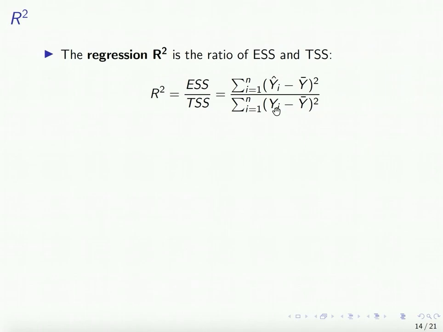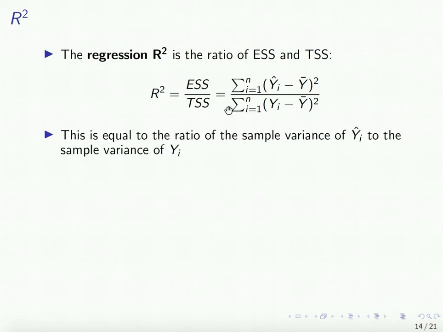So if I observe, even in the sample, that yi is going up and down around the y mean, the average of y, this would be some sort of variance. So that's the variance that you observe. And then there's the variance that your model itself is going to explain. So this ratio here is really the sample variance of y hat over the sample variance of yi.